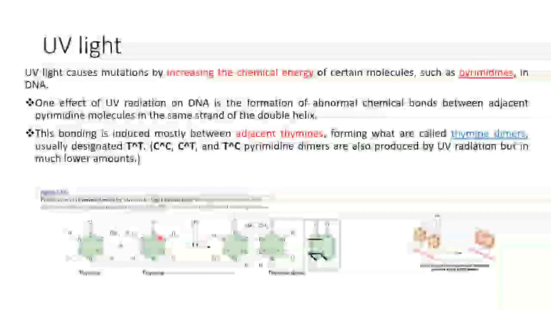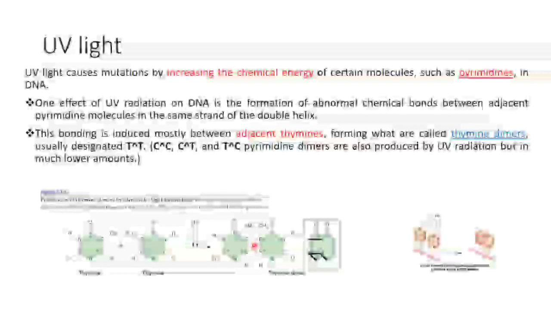So we will take an example, guys. Here we have a DNA strand. In this DNA strand we have two adjacent thymines, meaning on one strand of DNA there is one T and another T. If our DNA is exposed to UV light, the UV light will increase the chemical energy of the thymines and will form a chemical bond between adjacent pyrimidine molecules in the same strand of the DNA double helix.